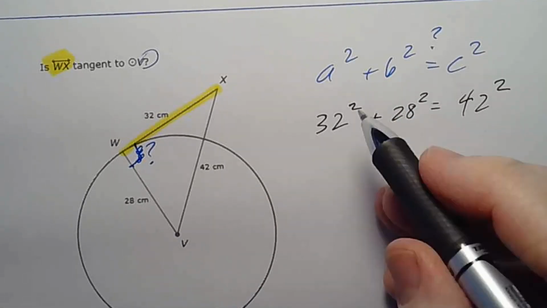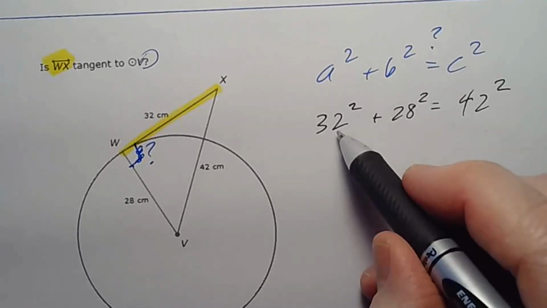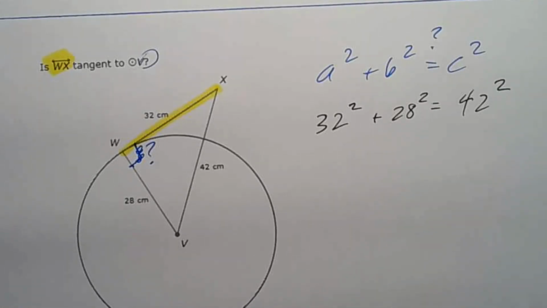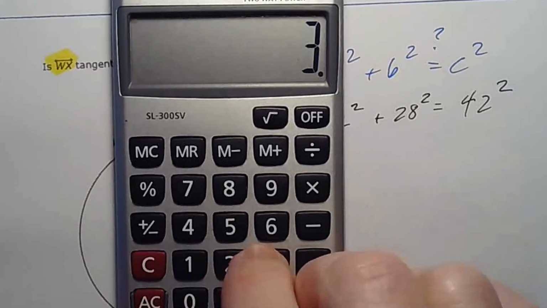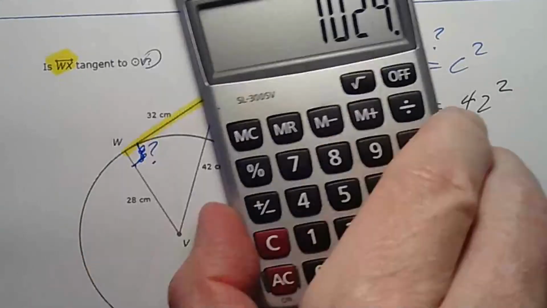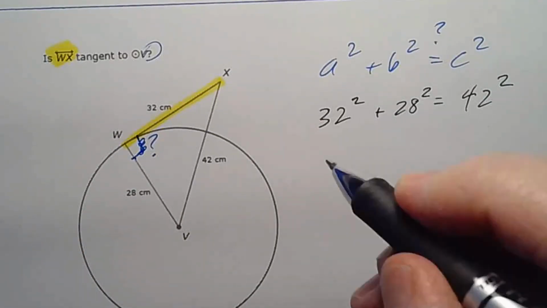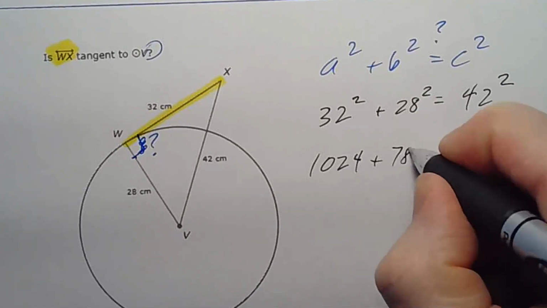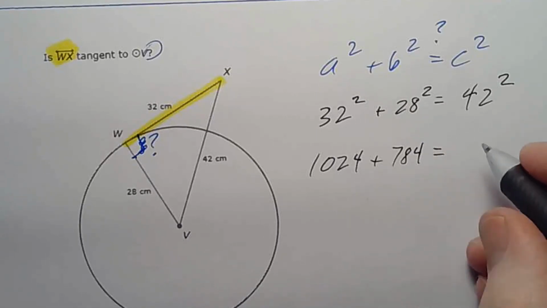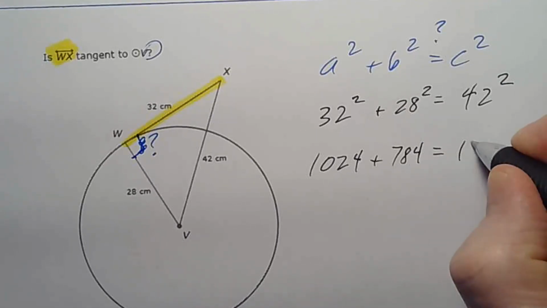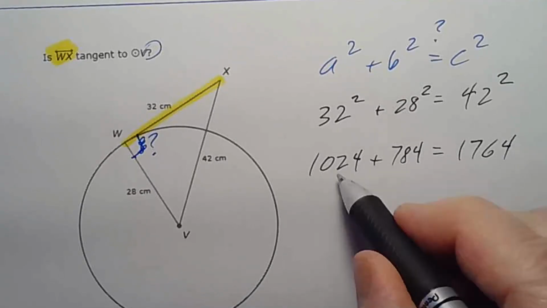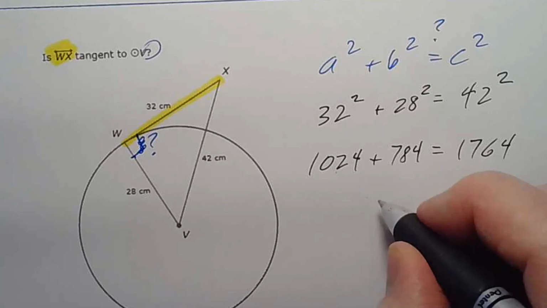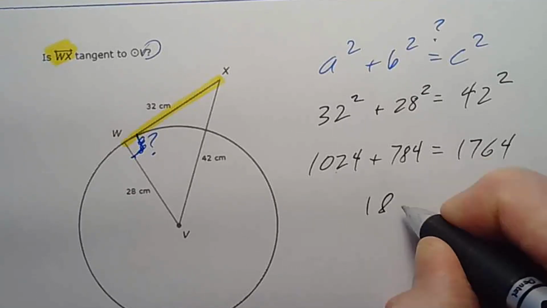Let's work through the left side. 32 squared, if I grab my calculator, we would just figure that out real quick. 32 times 32 is 1024. 28 squared turns out to be 784. And then 42 squared is 1764. Well, look, if we add these two numbers up, on your calculator, what you're going to get is 1808.